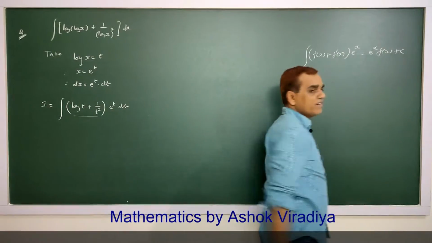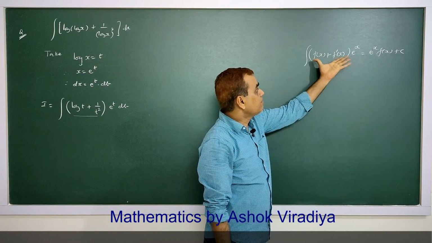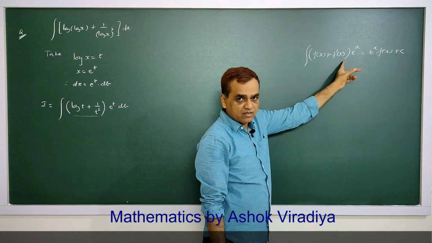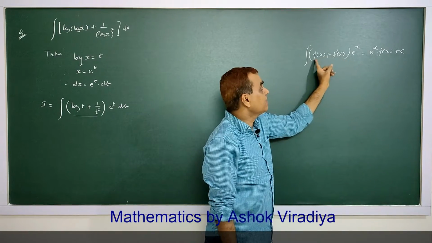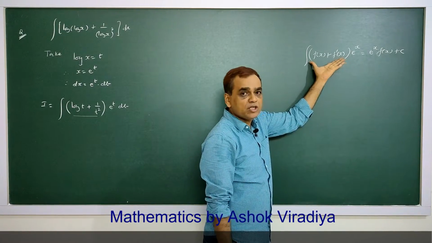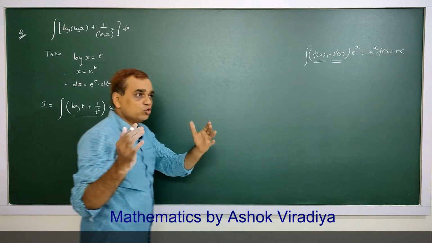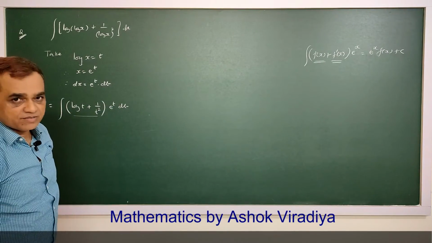In any question of integration, whenever you have e raised to x and a function of x, you can separate the rest into two parts, one part is f, the other part is f dash.